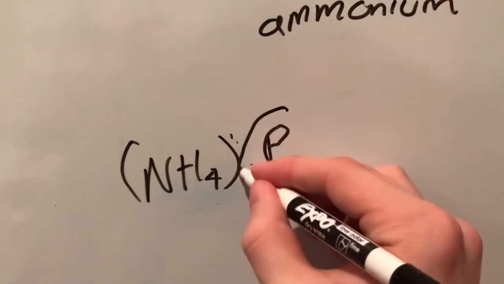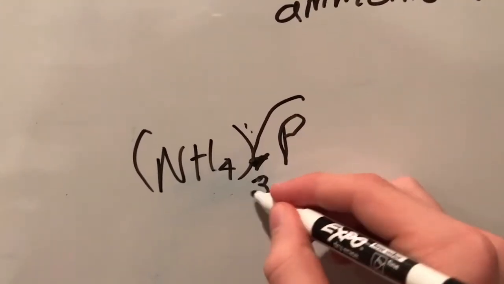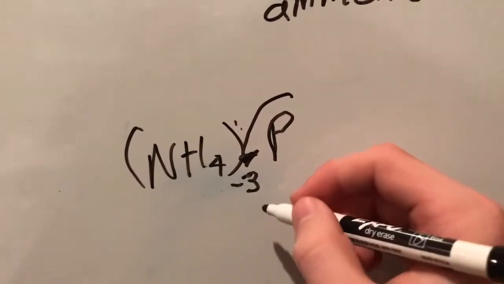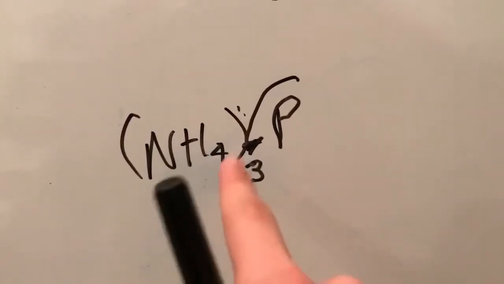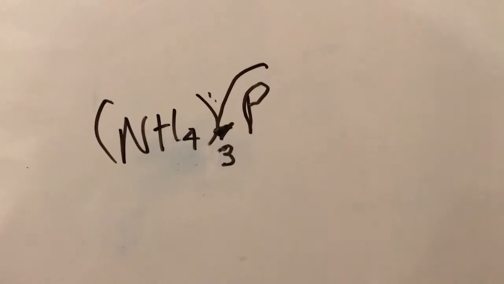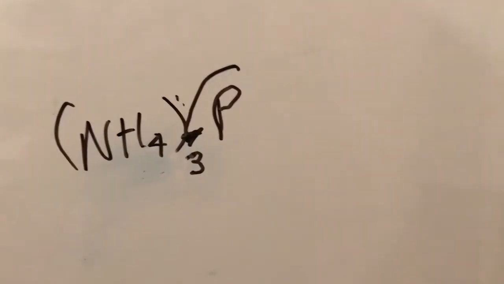And then you would drag the -3 charge of phosphorus down to here. But you don't write the negative in the formula. You just write NH4 parentheses 3 and then phosphorus, or P.